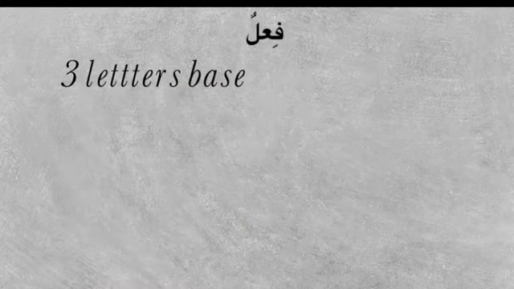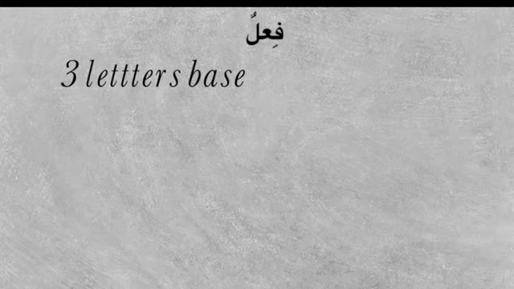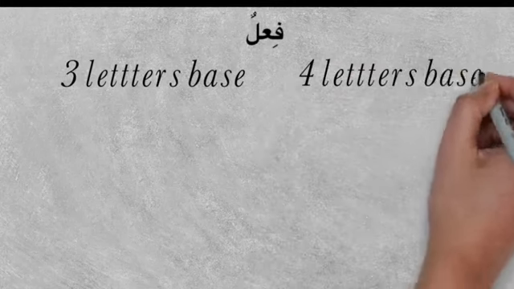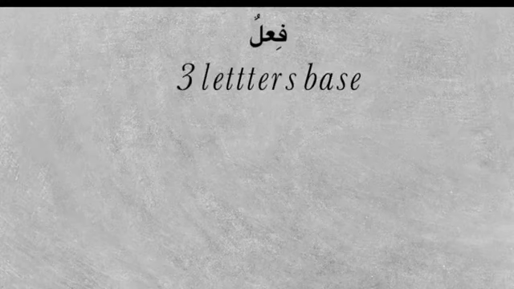We know we have three base letters for a fi'l. In 99.5% of cases, the verbs formed in Arabic are from three letters. Those are the base root letters, and a few have four letters as a base. We're going to do a complete detail of three letters as a base.